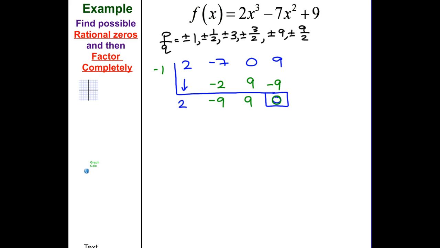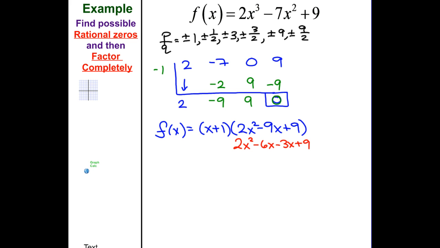So again, we know one of our factors of this problem is x plus 1. Then we bring down our new factored version here, 2x squared minus 9x plus 9. Now we need to factor that completely, which I'm going to forget about that x plus 1 for a little bit and factor by grouping here. 2x squared minus 6x minus 3x plus 9, because we need to multiply what multiplies to positive 18 but adds to get you negative 9.